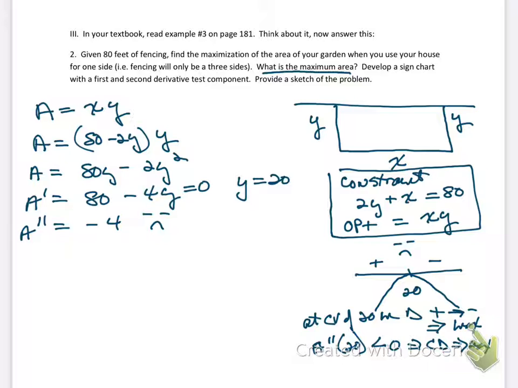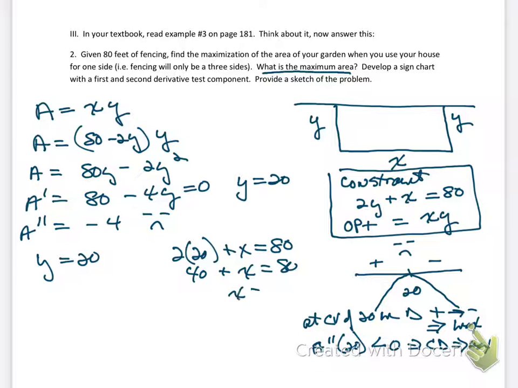Okay, so let's see what we have here. I need to figure out what is the maximum area. I want to figure out my x and y. So far I know that y is 20, and since 2 times 20 plus x equals 80, then this is 40 plus x equals 80. So that means x has to be 40.